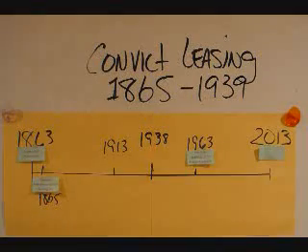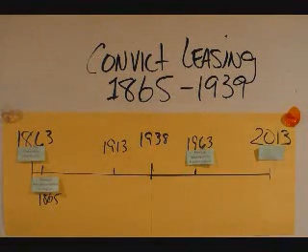Now, that is just a time period that I use. There are some historical facts that show states had engaged in convict leasing prior to 1865, and that's a discussion you can have with students. But for the sake of the selection and sake of this lesson plan, I chose this period 1865 to 1939, when it was really in earnest immediately following the Civil War.